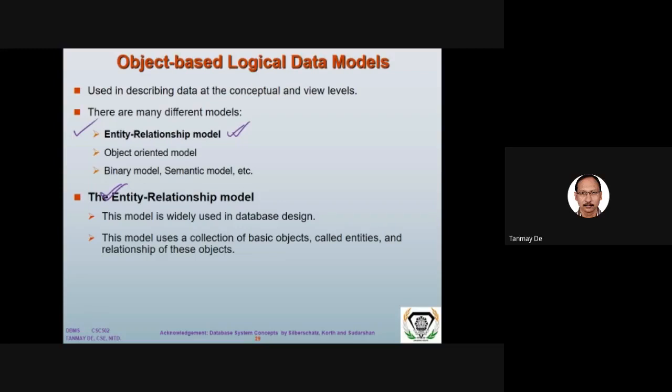You already have an idea from fourth semester, where object oriented programming is there, the concept of object oriented. That is, the entity relationship model is like the object oriented concept. That is here the basic objects are called entities, and relationship among these objects.